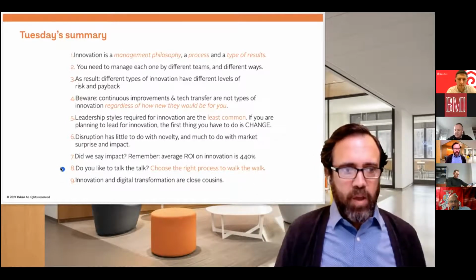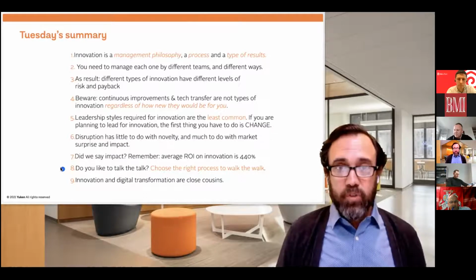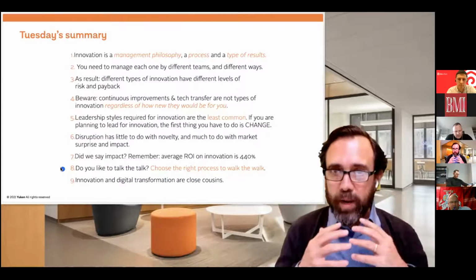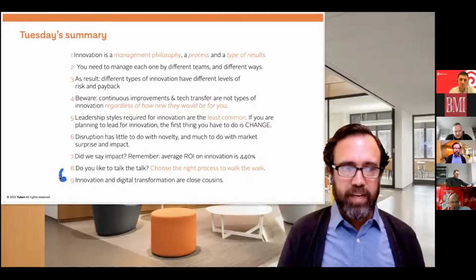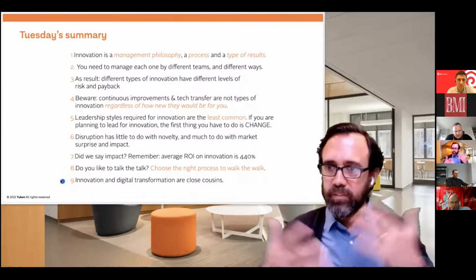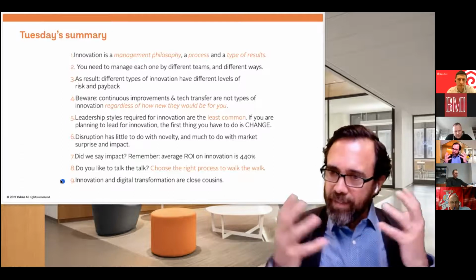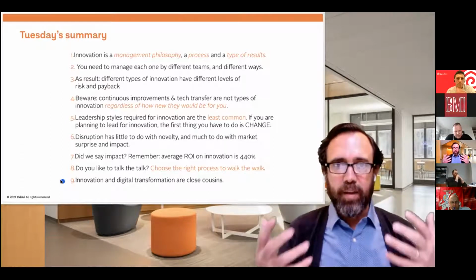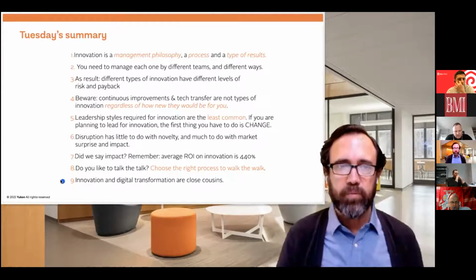And if you like to talk about innovation, choosing the right process, we'd like to help you implement it. And finally, innovation and digital transformation are close cousins. Remember that? There are a lot of variables we can tap into that actually work for both.